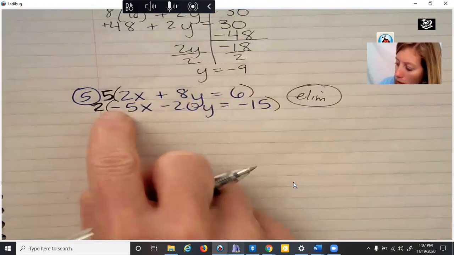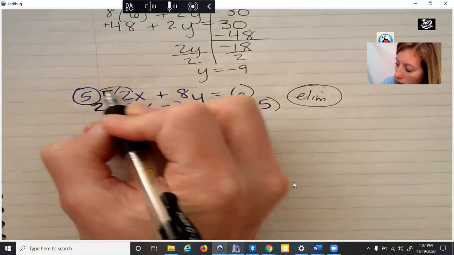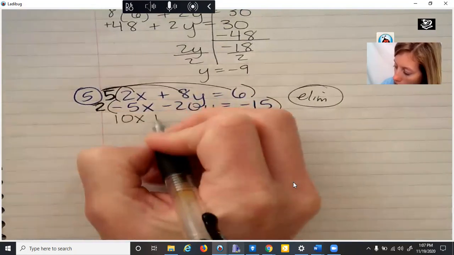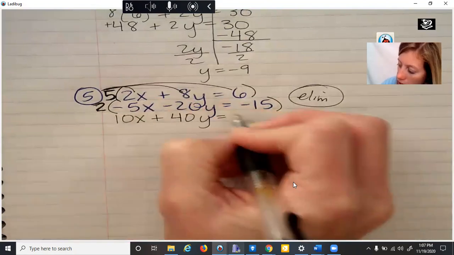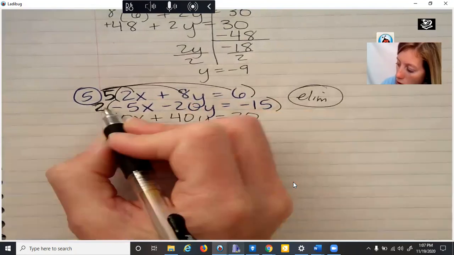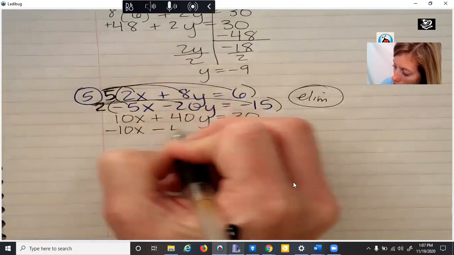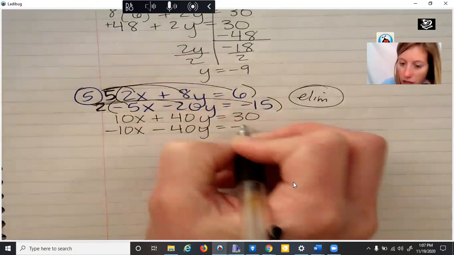When I multiply this one by 5, I get 10x plus 40y equals 30. And when I multiply this one by 2, I get -10x minus 40y equals -30.